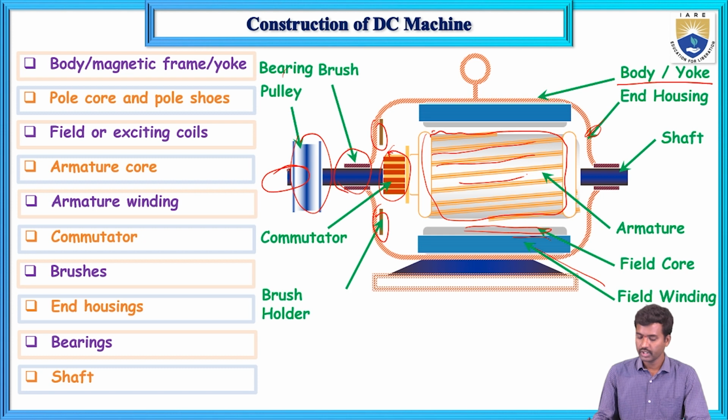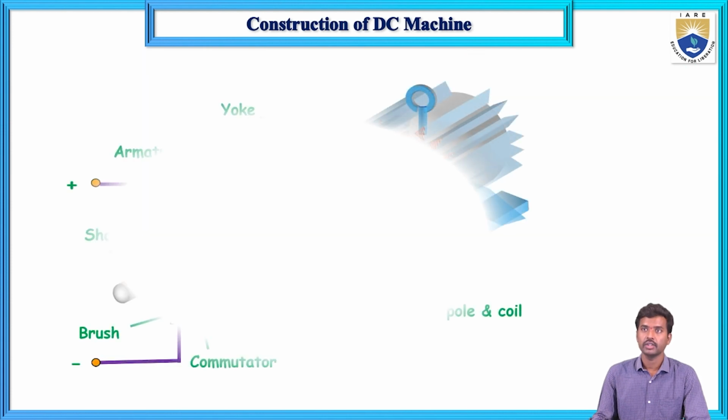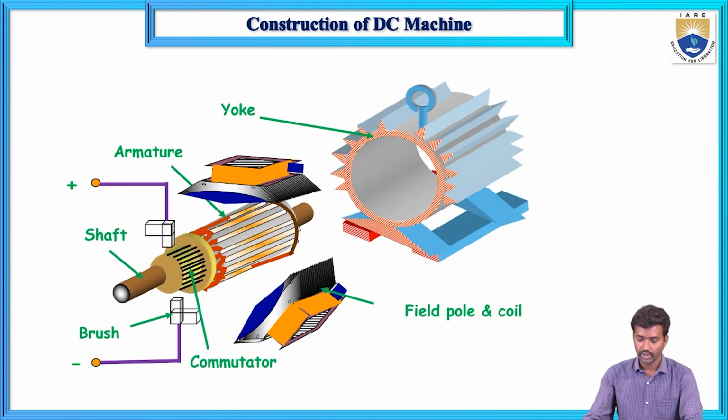Now if you see the individual parts, it looks like this: the yoke is the outer frame, then the armature, the poles with pole core and pole shoe, the brushes, the commutator, and the supply.